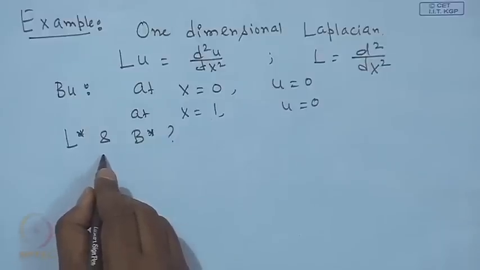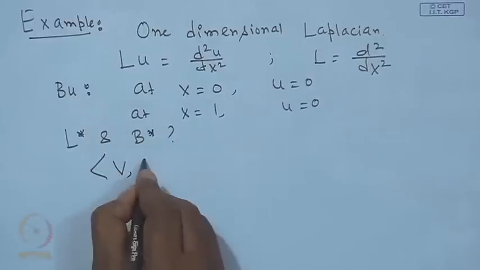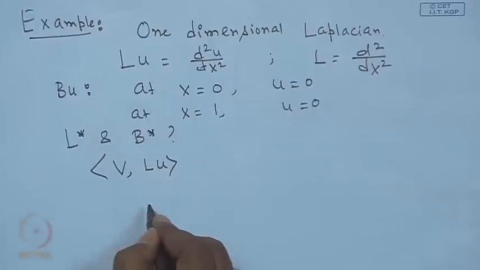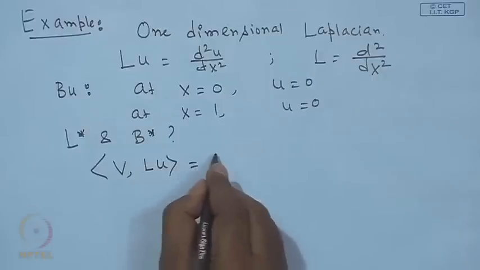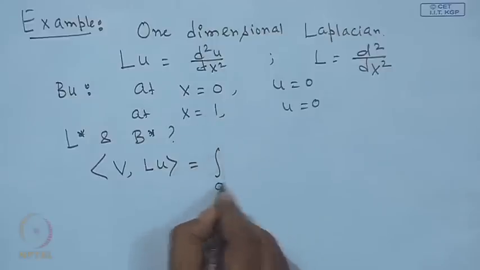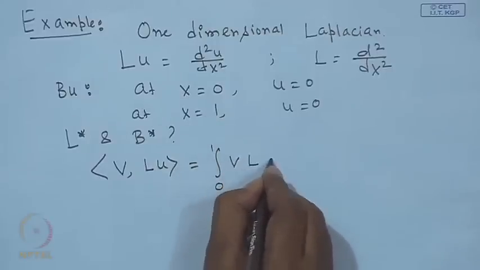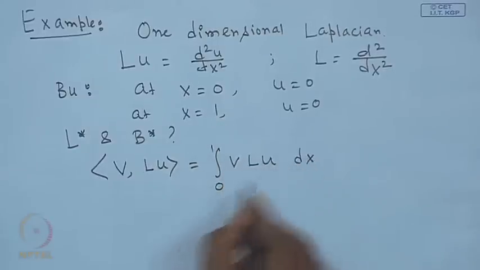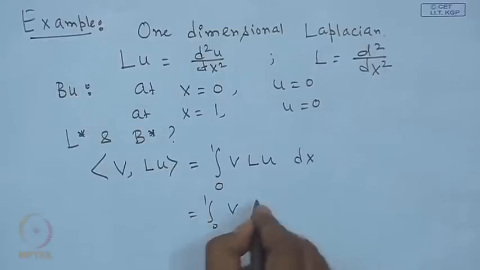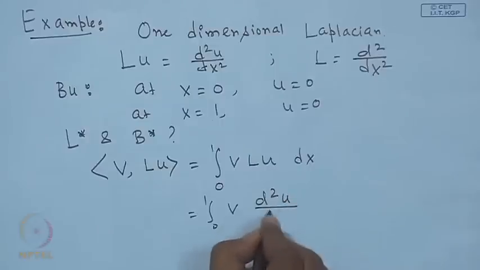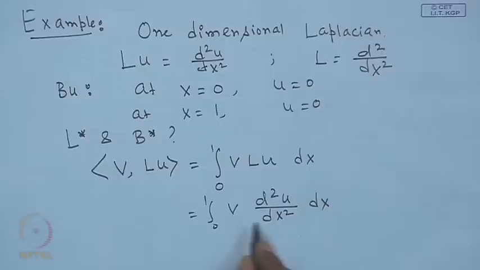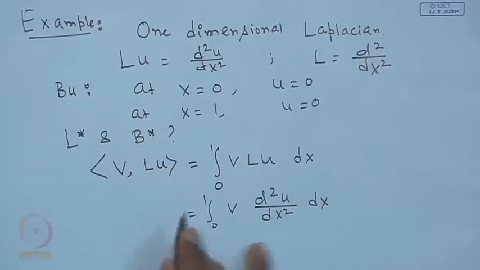So, we take the inner product of v comma L u, where v is some kind of dummy variable in the same domain. So, it will be integration from alpha to beta, so from 0 to 1, v L u dx. So, it will be 0 to 1 v times d square u dx square dx. Then we integrate it by parts as we have done earlier.